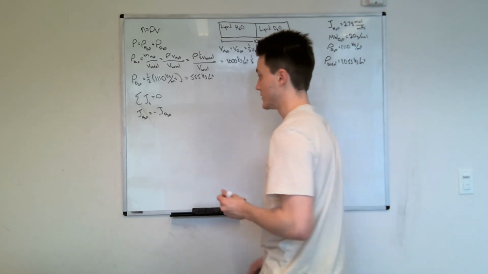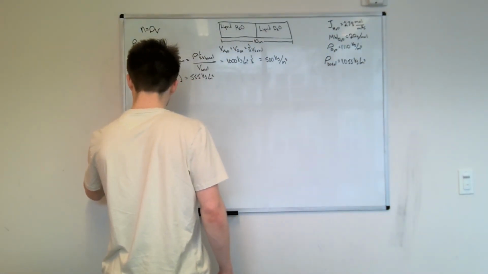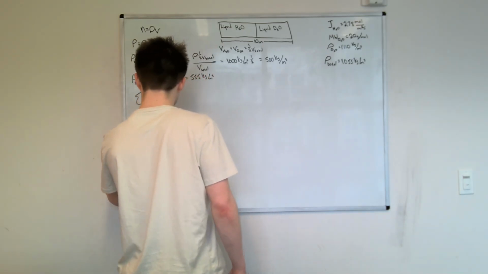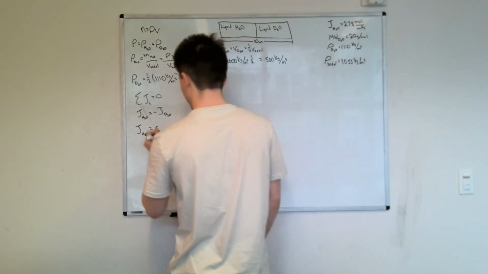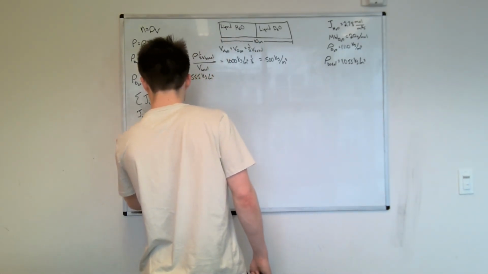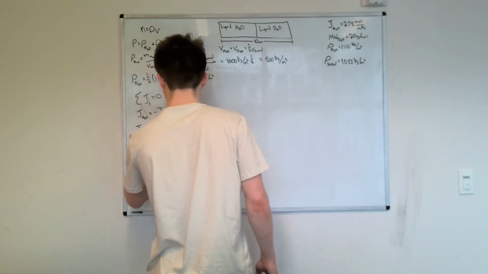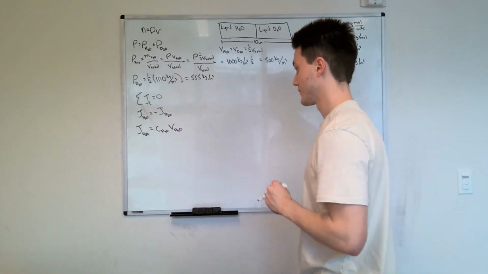So next, using the definition for the molar diffusive flux, the molar diffusive flux of water is equal to the molar concentration of water times the mass average velocity of water.